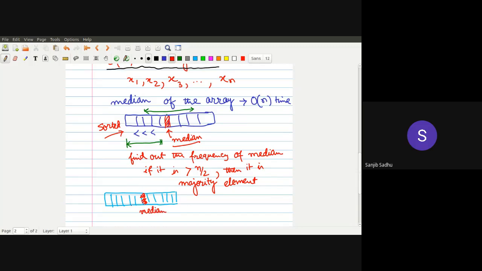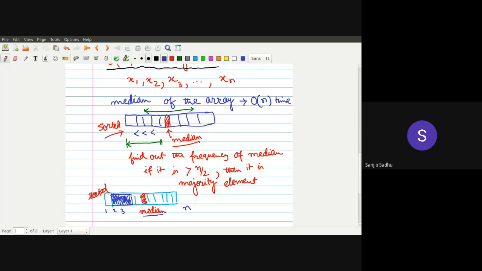Is it possible that the majority elements occur here and do not cross the median? Total n elements are there, with indices 1, 2, 3. Is it possible that all the majority elements are clustered here sequentially without crossing the median? It is not possible, because the median lies at n by 2.